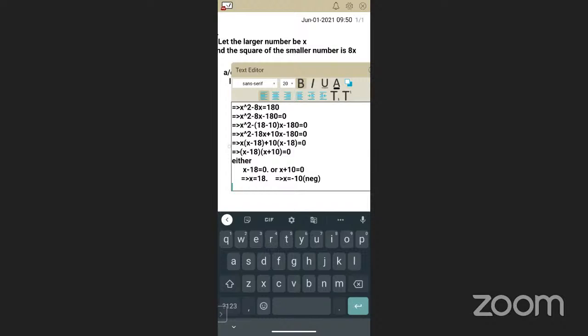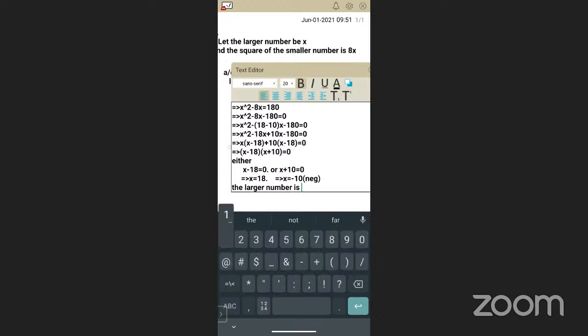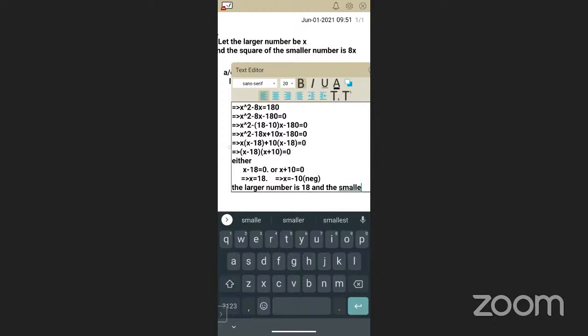Here you will write, therefore, the larger number is 18, and the smaller number is, now see, they said square of the smaller number is 8x. Now when the square goes to the other side, it will become root of 8x, isn't it right? Are you getting me?